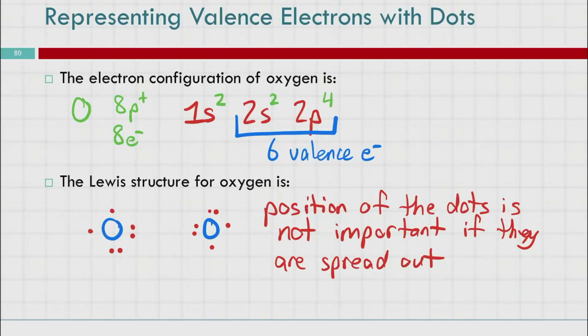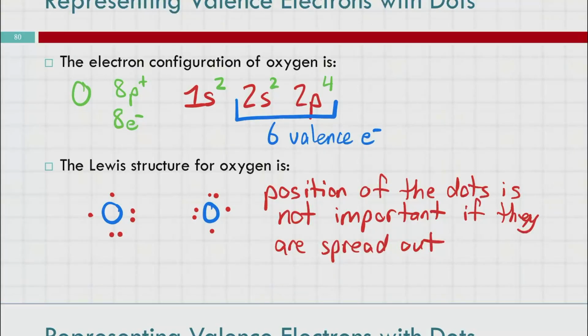All right, so we could put our pairs down or to the right. We could have pairs left and right. These are both good. What you don't want to do, though, is do 3 pairs. So we want to spread our electrons out rather than clumping them up in pairs.